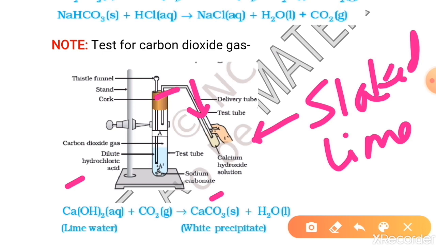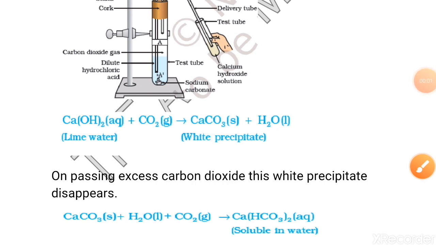The reaction which happens here is that lime water reacts with CO2 gas to form a white precipitate of calcium carbonate along with water. Students, if you pass excess carbon dioxide through the same solution, then this white precipitate of calcium carbonate will disappear.